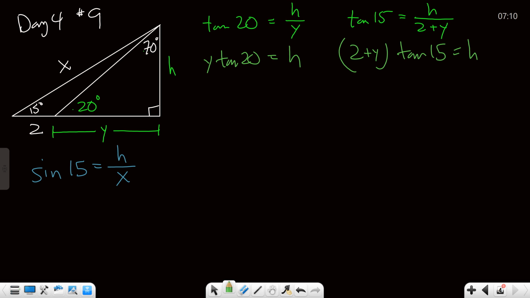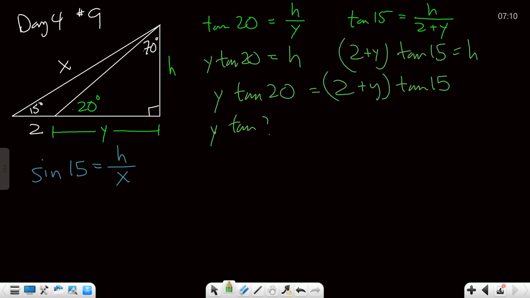There we go. Okay, they're both equal to h, so set them equal to each other. y times the tangent of 20 is equal to 2 plus y, in parentheses, times the tangent of 15. y times the tangent of 20 is equal to 2 times the tangent of 15 plus y times the tangent of 15. So, distributive property.